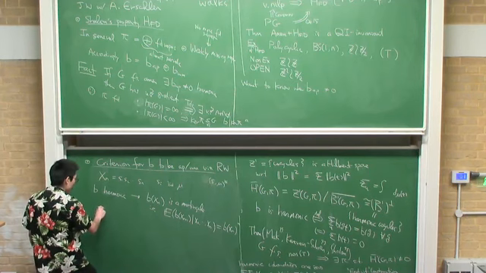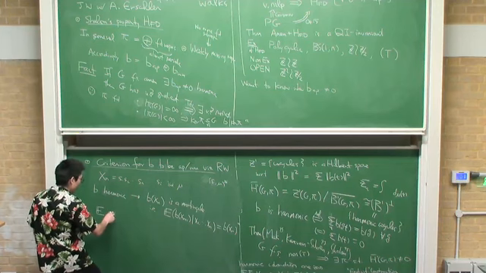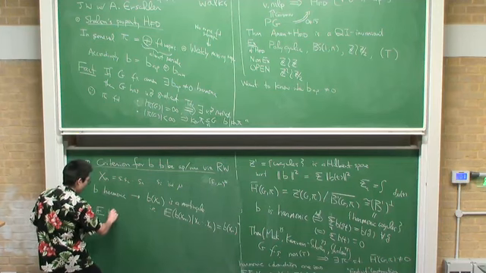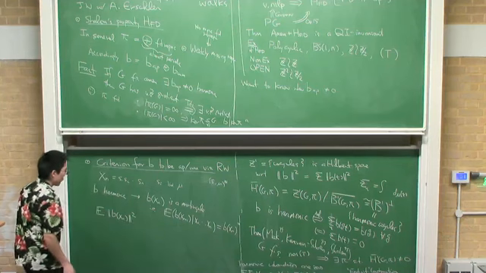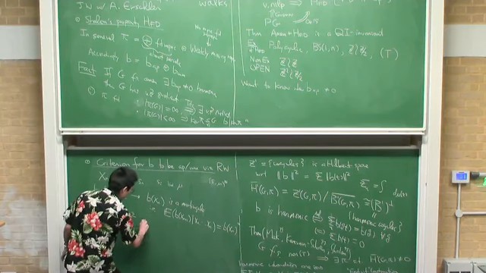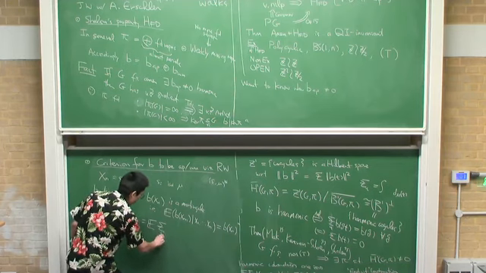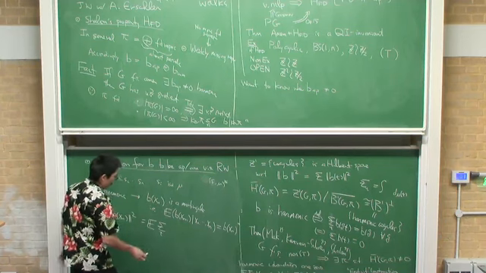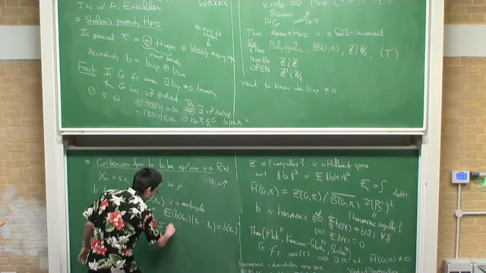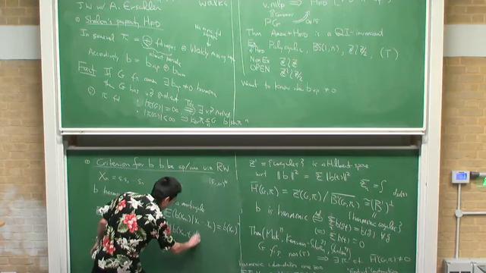And even more, from these things, one can easily calculate like this form. I separate the n-th step from the n minus 1 step. So B(x_{n-1} t).